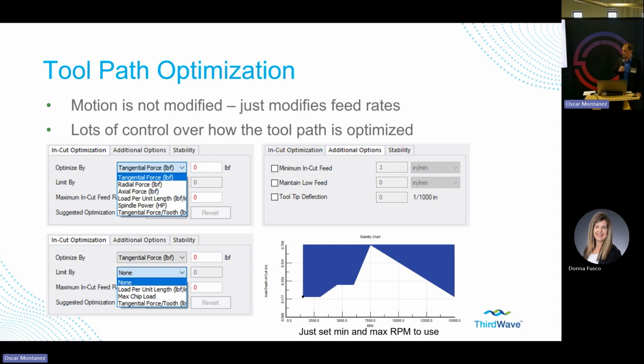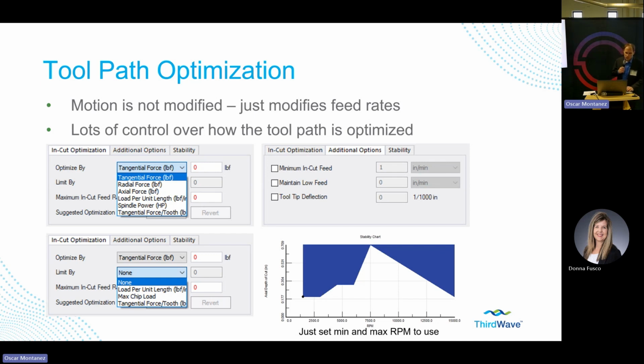So we're on a sub-revolution computation. And just to let everyone know, so you're like, all right, is it changing my toolpath? What's it doing? The motion is not modified at all. So the actual kinematics remain, so it's not going to do something that's unexpected. It's just modifying the feed rates.